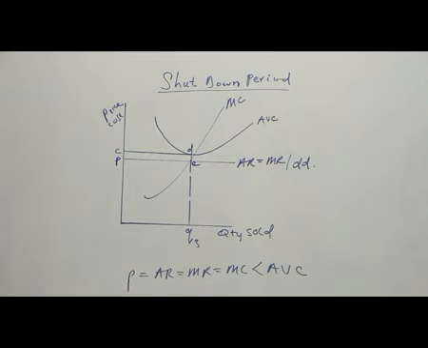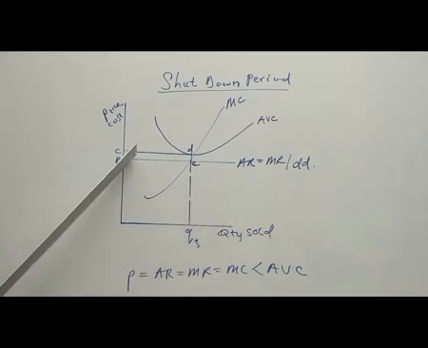And the first thing we need to locate is the profit maximization point. This is where MC equals MR, and we have it at point E. Now, above point E, we can also see a point D. The implication is that the average variable cost is above the price of the commodity, that is, the average revenue of the firm.